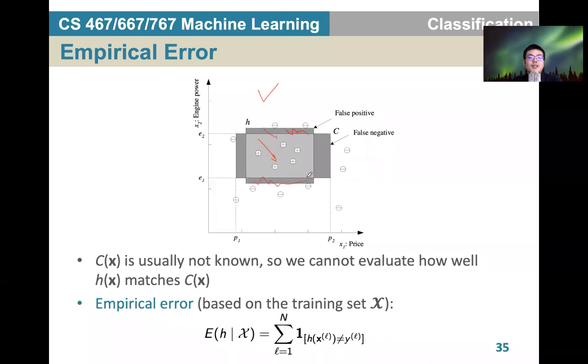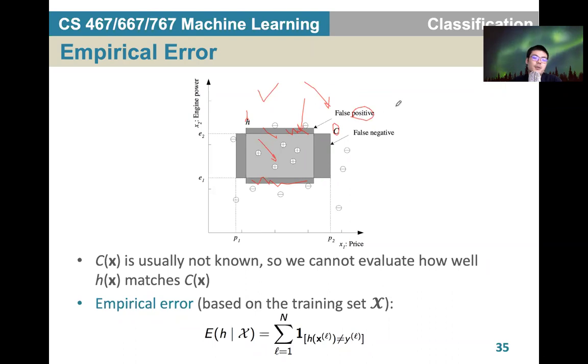For these two spaces, you assume they're positive because they're in your hypothesis rectangle H, but the actual labels are outside the C, the ground truth. So you think your model predicts them as positive, but it's a false positive. It's actually negative.